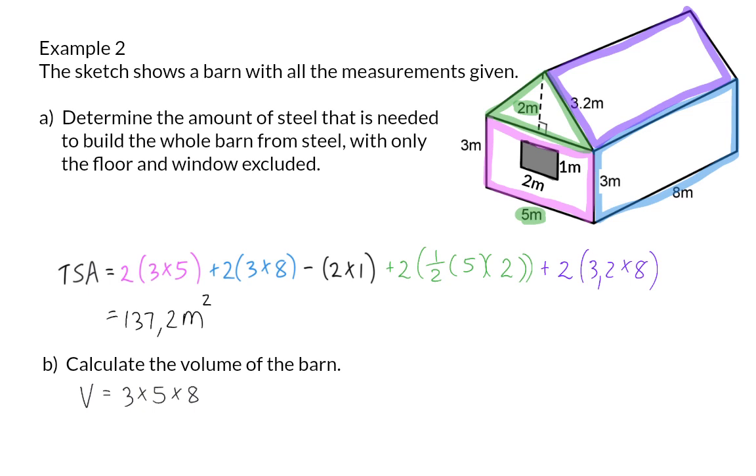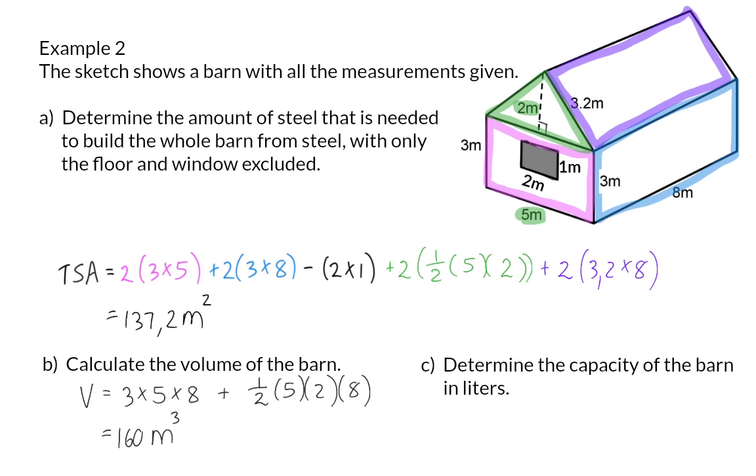For the triangular prism, the base is the green triangle in front, and the area of that triangle is a half times the base of 5 and its height of 2, and this has been lengthened for 8 meters as well to form the volume. So the volume of the whole barn is 160 meters cubed.